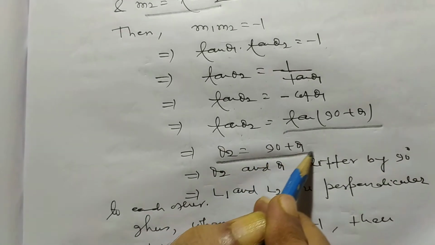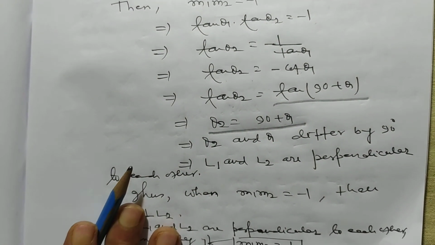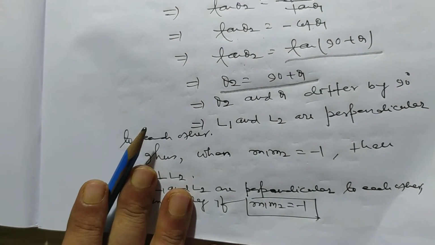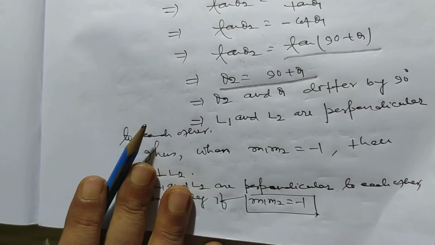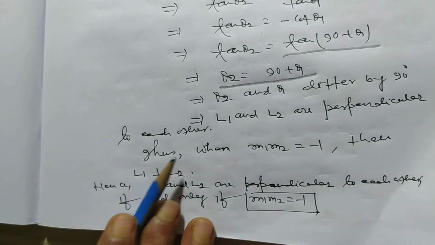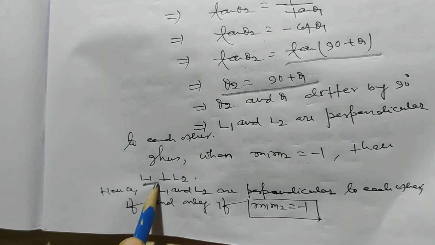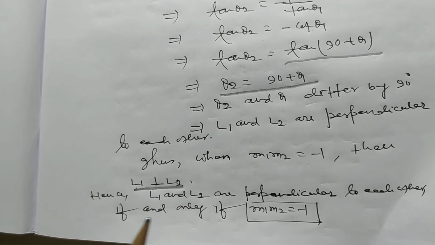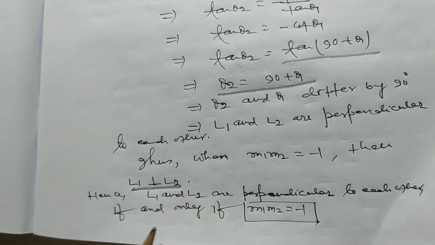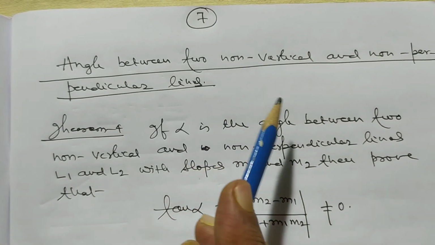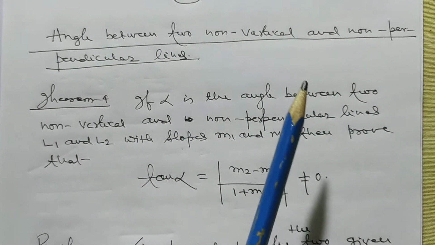So theta 2 is equal to 90 plus theta 1, so theta 2 and theta 1 differ by 90 degrees. This implies L1 and L2 are perpendicular to each other. Thus, when m1 into m2 is equal to minus 1, then L1 is perpendicular to L2. Hence, L1 and L2 are perpendicular to each other if and only if m1 into m2 is equal to minus 1.